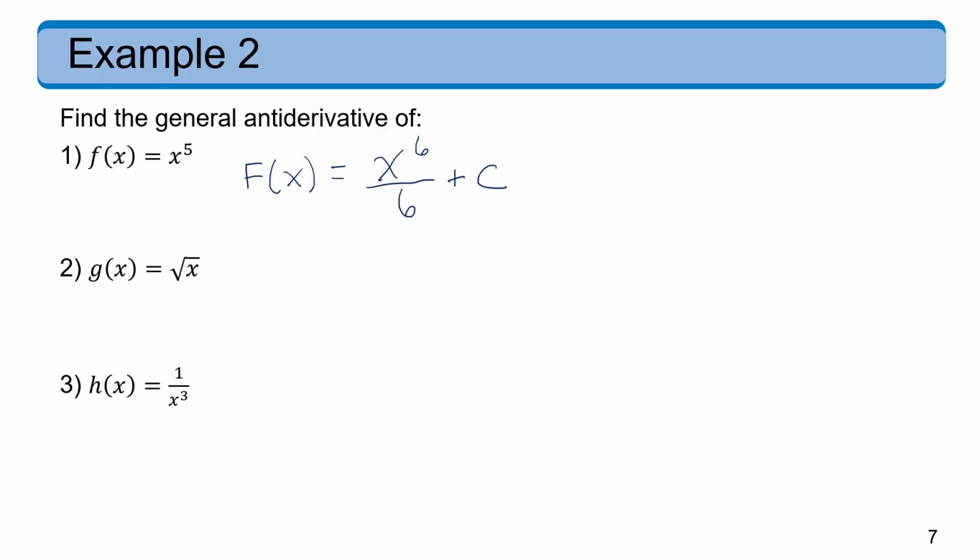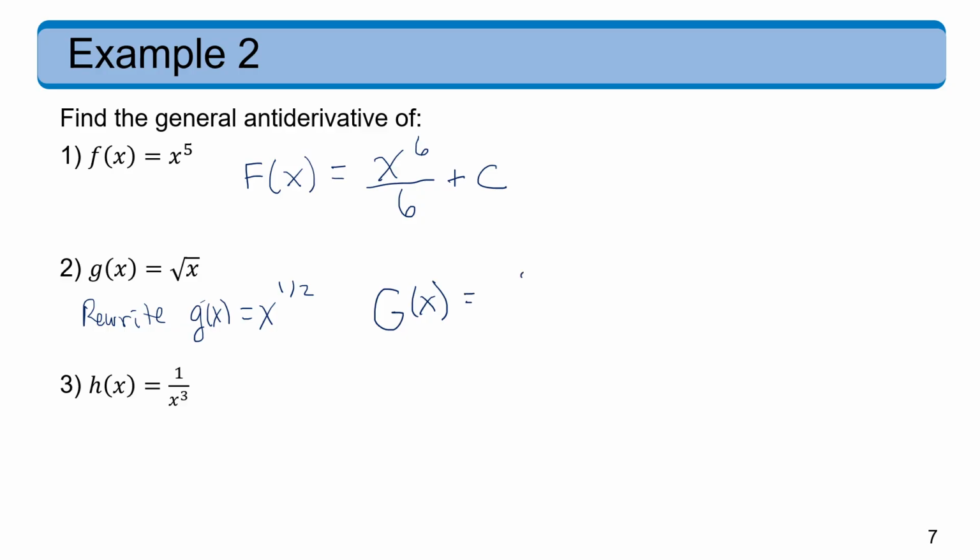It's very simple. Now number 2, this doesn't look like a power function, but we're familiar with square roots, right? It helps to rewrite them as a power. So we can rewrite little g of x as x to the 1/2 power. Now it's clearly a power function. So the antiderivative, we'll use capital, this time G of x equals.